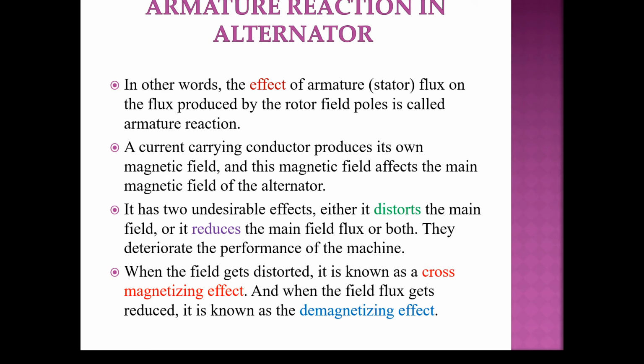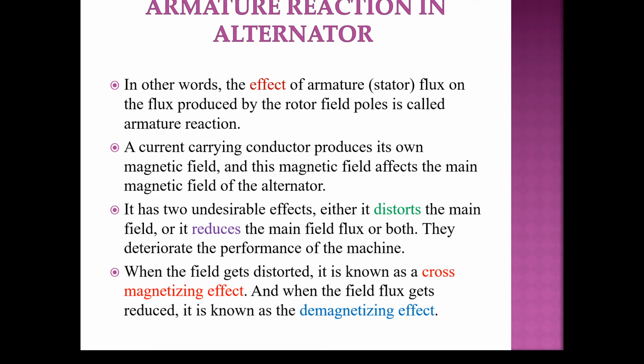The current carrying conductor produces its own magnetic field, and this magnetic field affects the main magnetic field. The first effect is distortion of the main field, and the second is reduction of the main field flux.